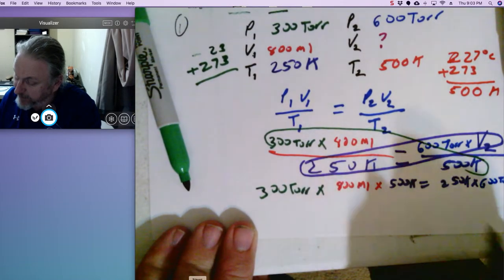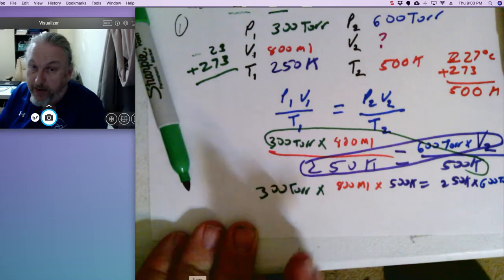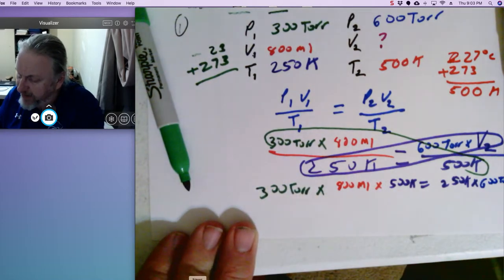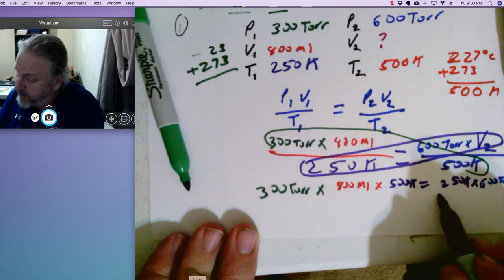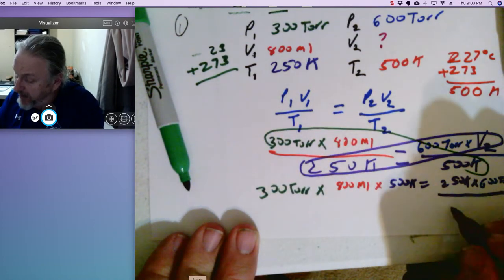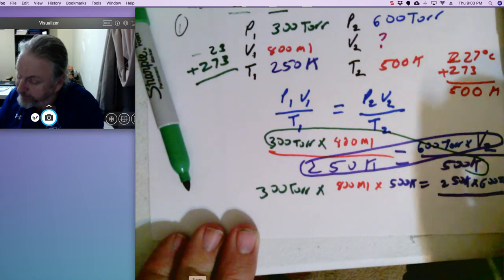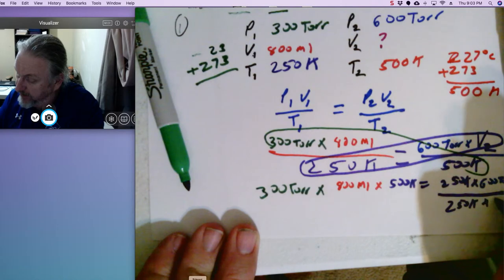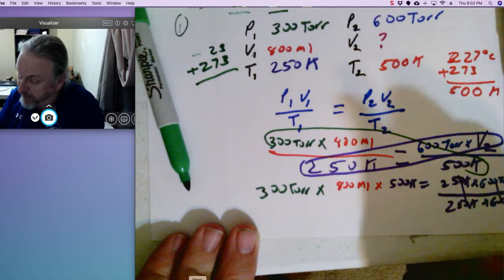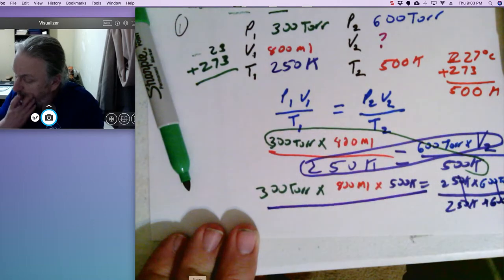I'm not going to do any math yet. I could hit my calculator and multiply all that, but I'm going to have big numbers, and I don't like big numbers. It gets very confusing. I have to write them down. So I'm going to divide, cancel out the 250 K and the 600 torr. And if I do that on that side, I've got to do it on this side.